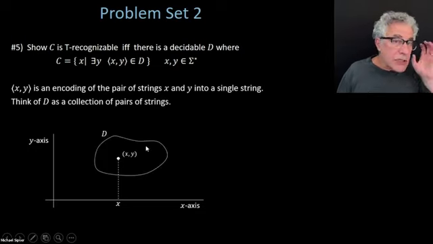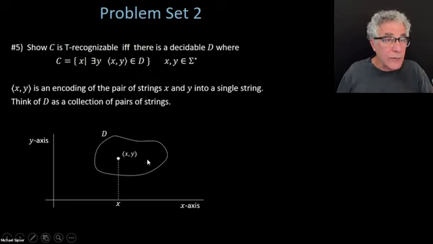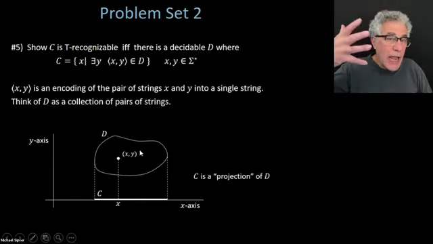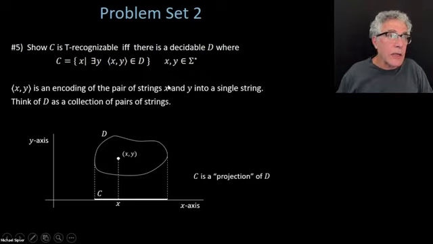Conceptually, think of D as a subset of all of these pairs. And C is all of the X's that correspond to any pair in here. Sometimes we call that the projection, because it's all the things that are below, or the shadow. If you had a light sitting up here, it's all the things that are underneath D. I've written C here a little thicker, if you can see that. So that's the language C.